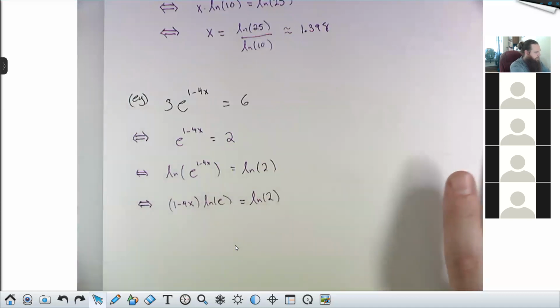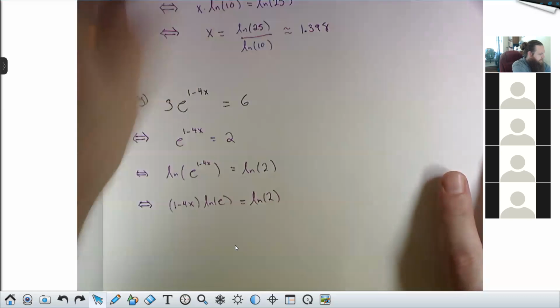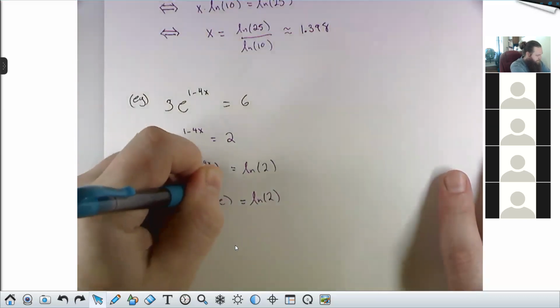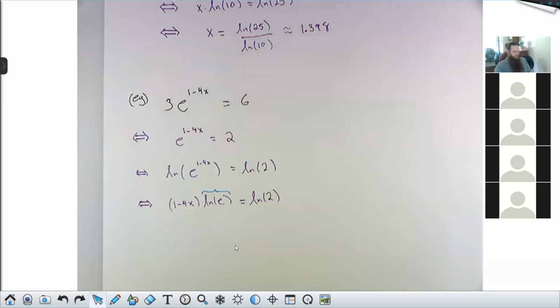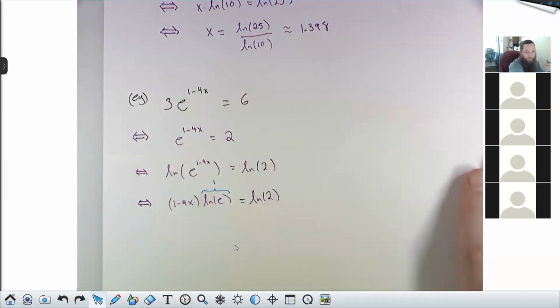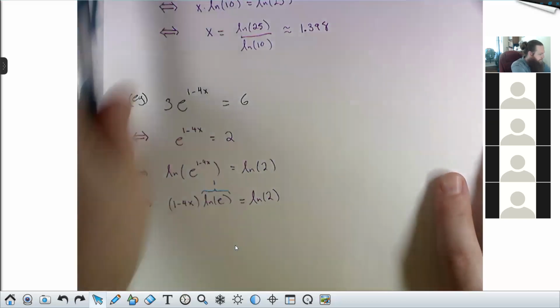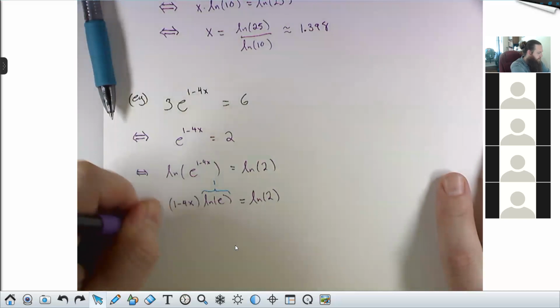Now, in this particular problem, there's something really nice. And that's the value of this piece. What is the natural log of e? 1. Very good, it's 1. The base a log of a is always 1. Or, what power of e do I need to use to get e? 1. So this is really just 1 minus 4x is equal to the ln of 2.